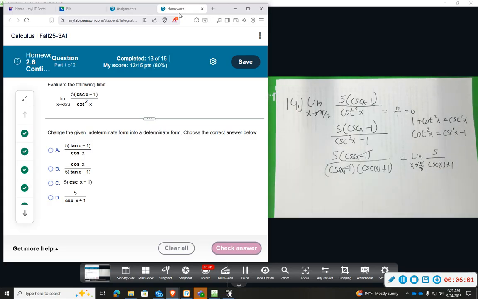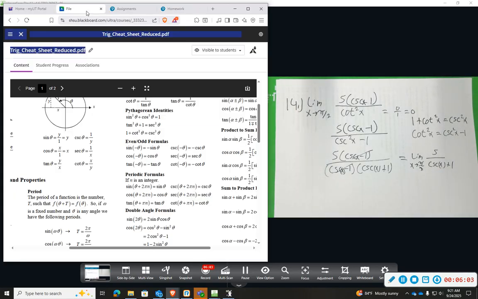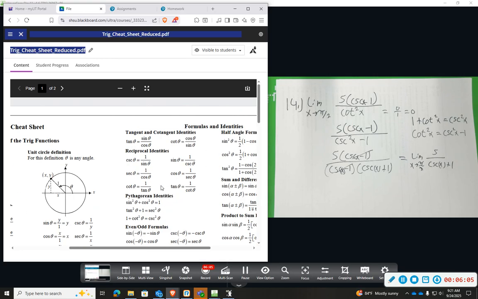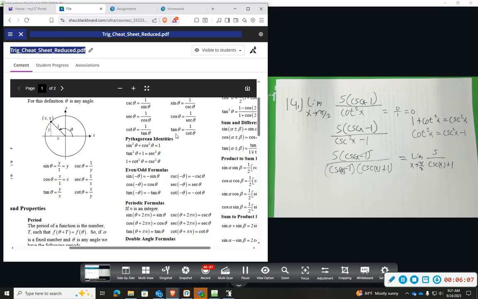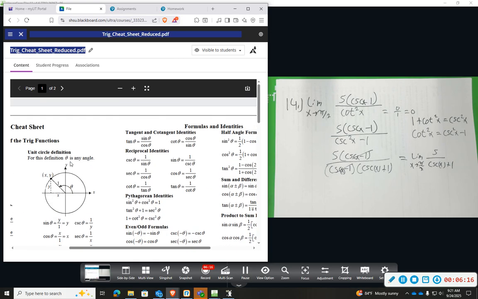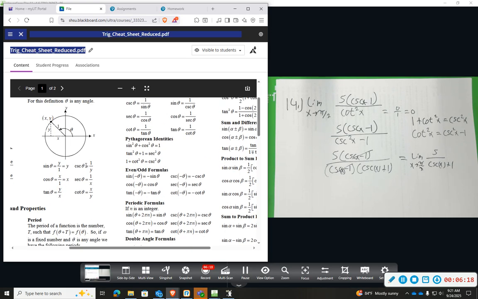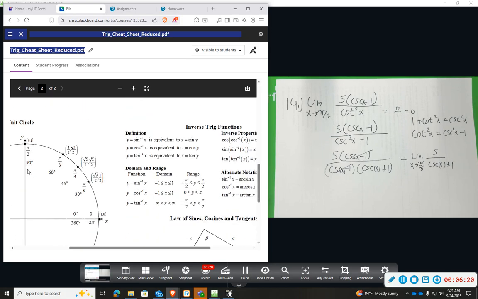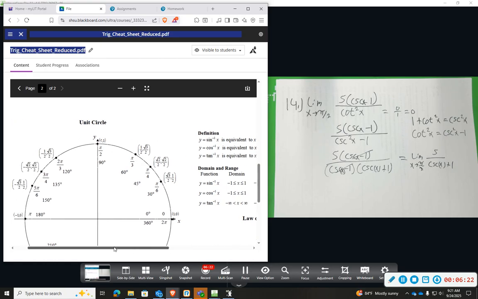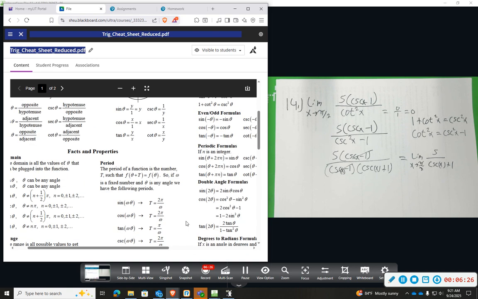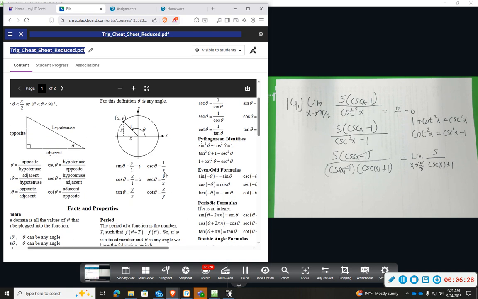Let me pull up the unit circle in case you're not familiar with your trig. Cosecant is 1 divided by the y value. At pi over 2, the y value is 1, and cosecant is just 1 divided by that y value, so it's 1 over 1.